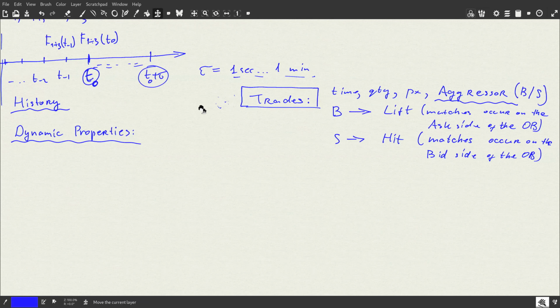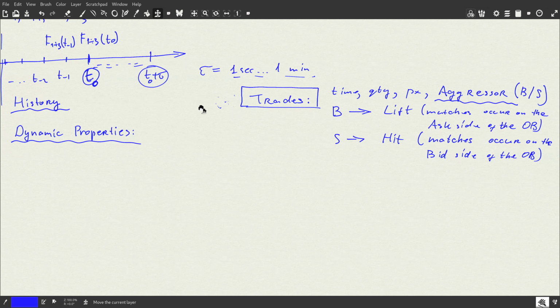Those who put liquidity into the order book provide liquidity to the order book, right? Trades typically remove liquidity from the order book. Well, of course. So what kind of features can we construct?